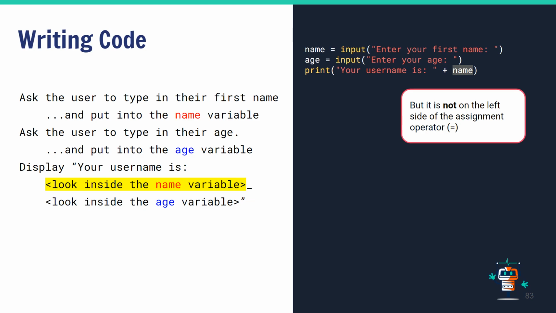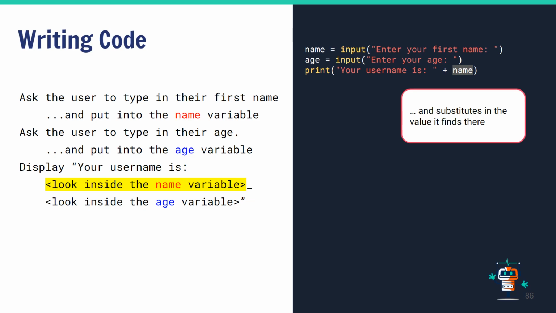But in this case, the name variable is not on the left-hand side of an equal sign. It's actually part of the argument inside the print function. So when a variable is not on the left-hand side of the assignment operator, Python will look inside the variable and it will substitute whatever it finds inside that variable into that part of the code.